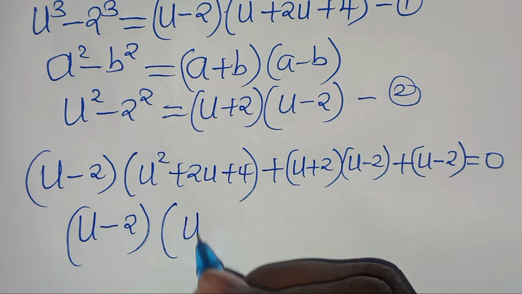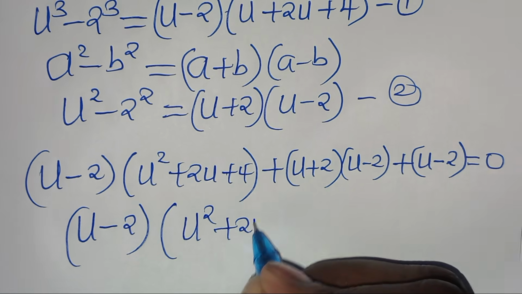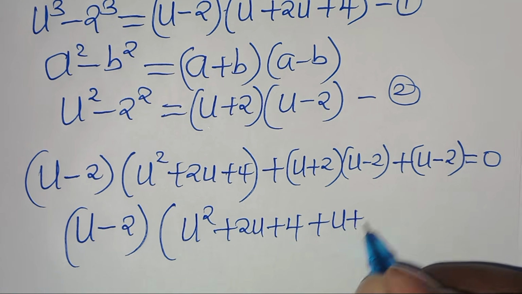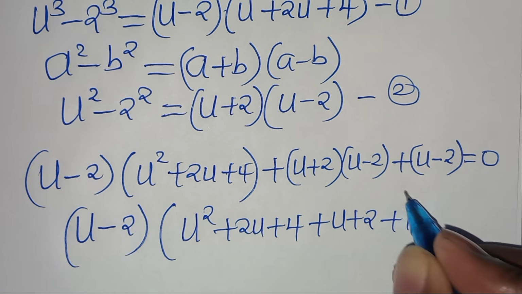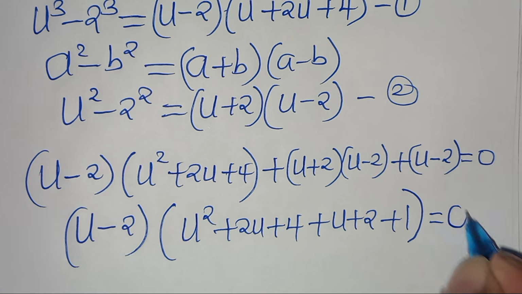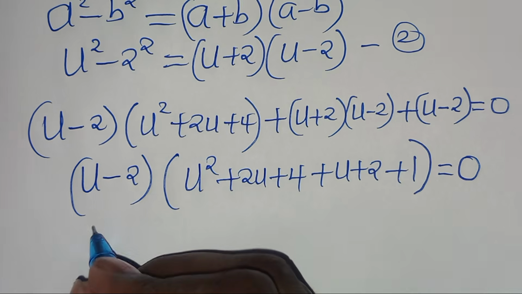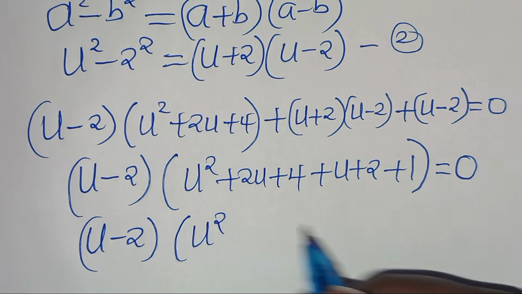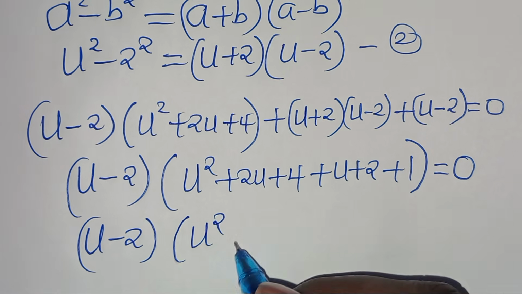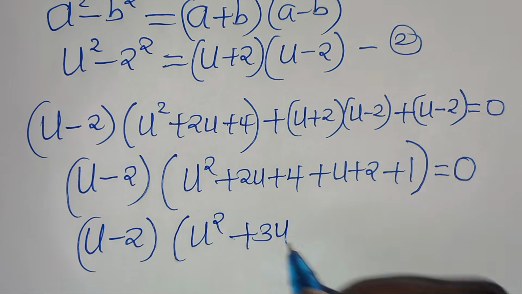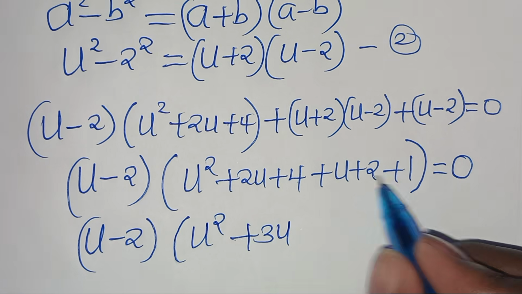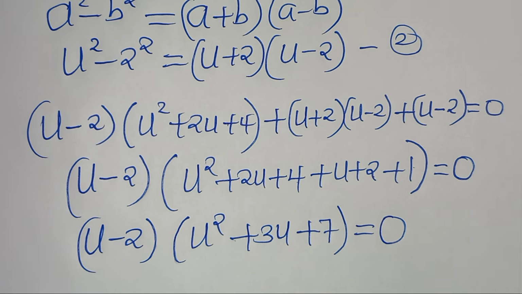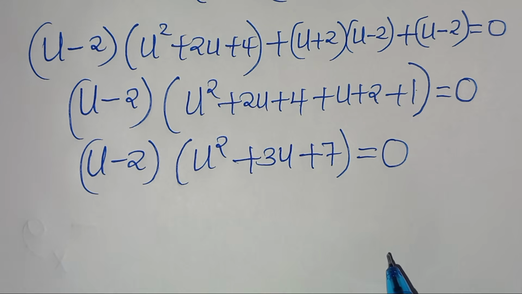This is u squared plus 2u plus 4, then plus u plus 2, then plus 1, close the parentheses. This is equal to 0. So this is u minus 2 times u to the power of 2, then 2u plus u, this is plus 3u. Then we have 4 plus 2, this is 6, plus 1, this is 7, and this is equal to 0.